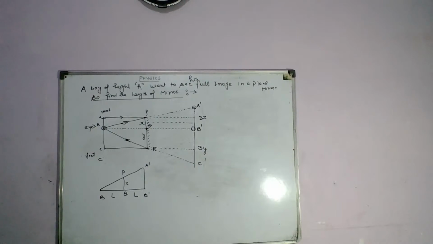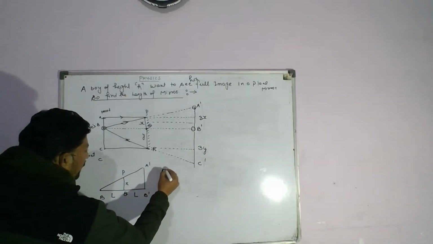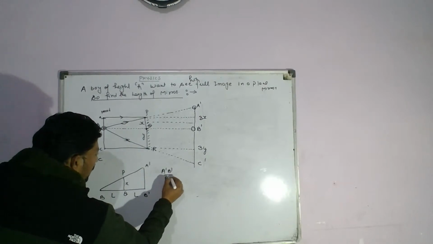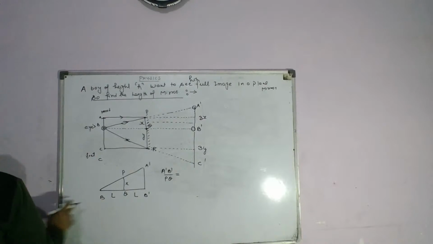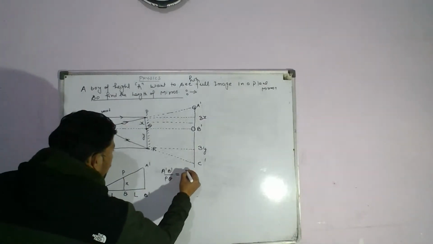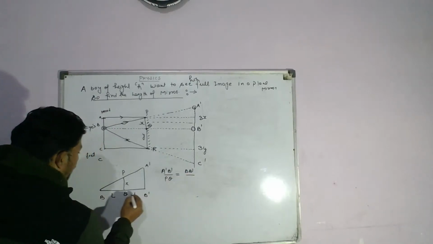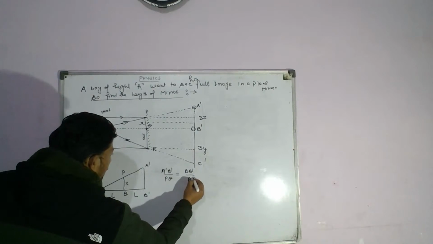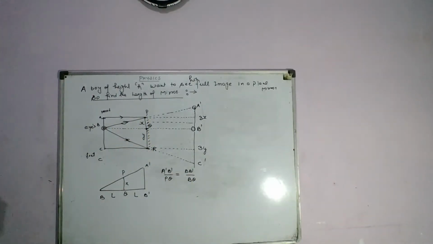So how to solve this equation? Perpendicular upon perpendicular: A dash B dash upon PQ is equal to base BB dash upon BQ. This is the equation of the triangle of your eye and head.